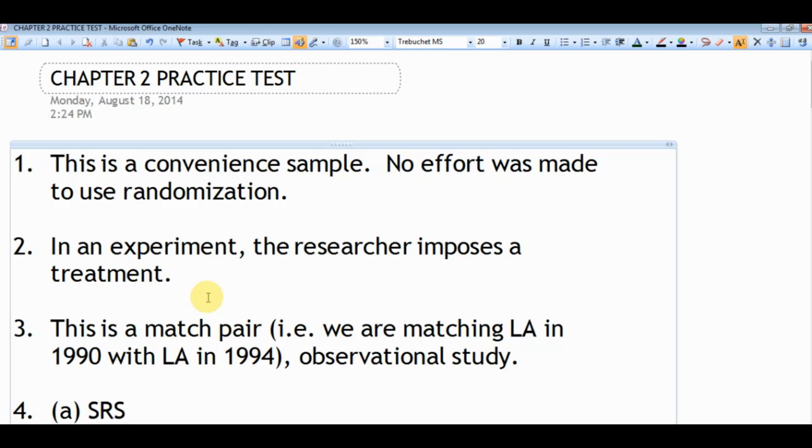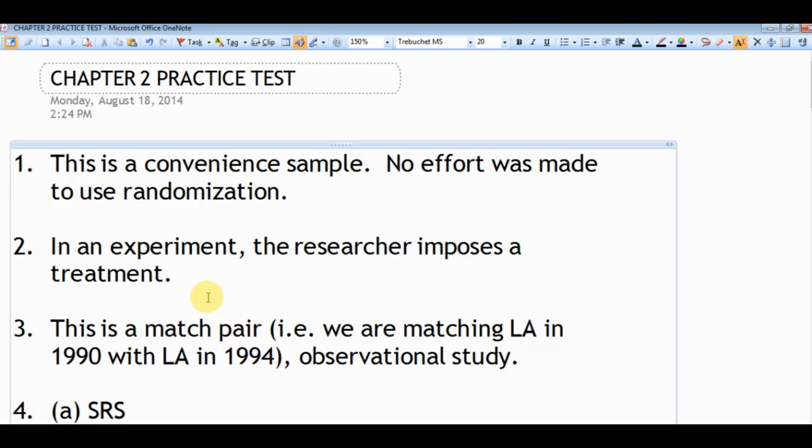If you're not telling the subjects what to do and you're just taking the information as it comes, you have an observational study. However, if you're out there manipulating the data, controlling the variables, assigning people into treatment group and control group, you've just created an experiment.